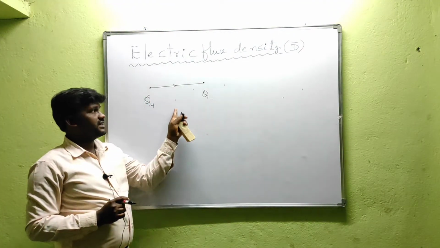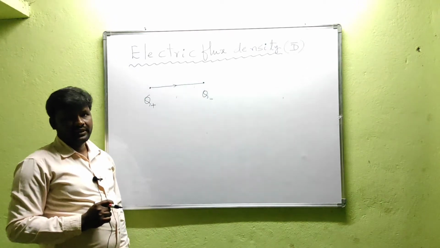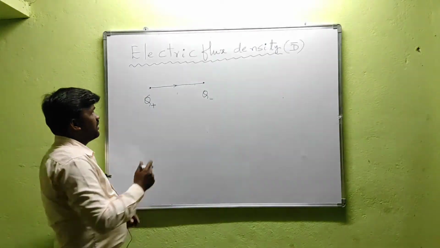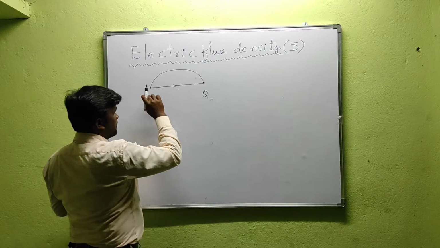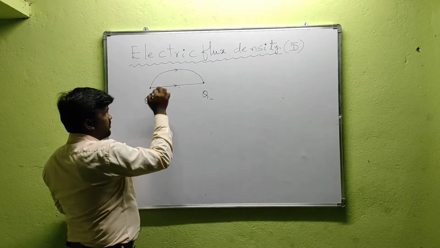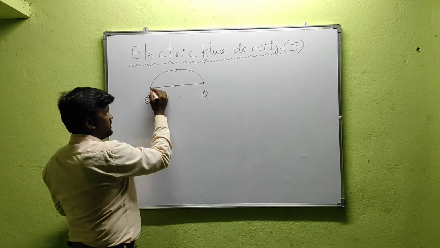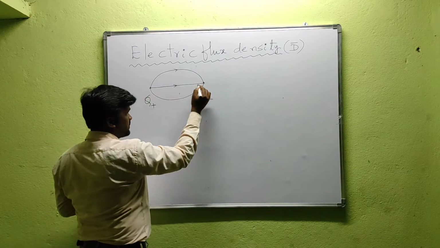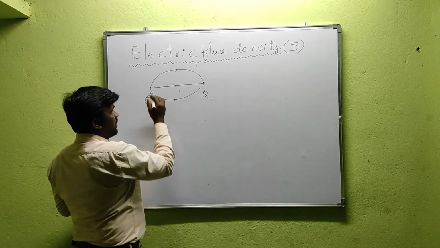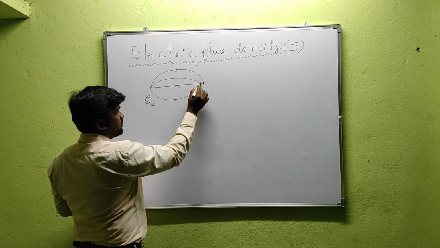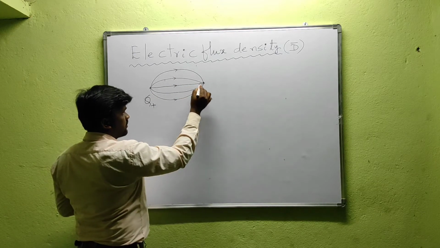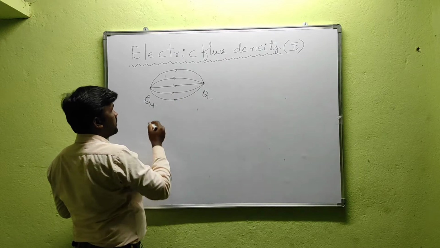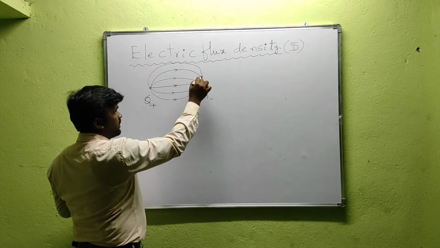Or else this field line is traveling like this, from positive to negative, or else like this, or else it may travel like this.